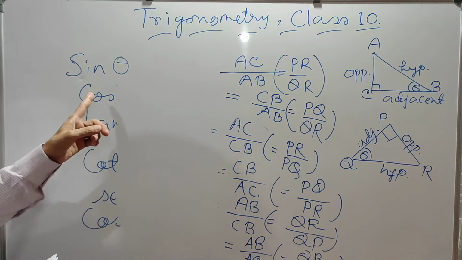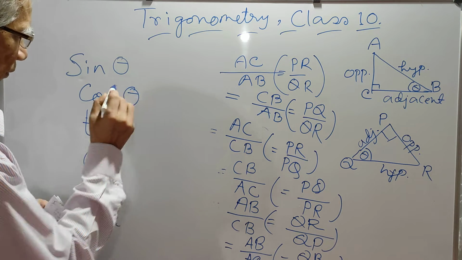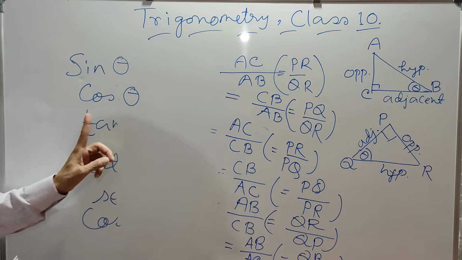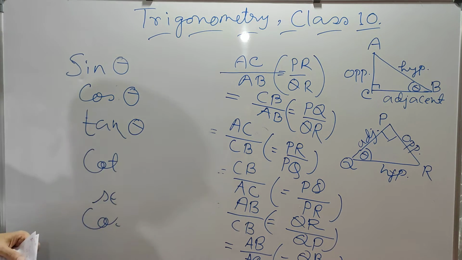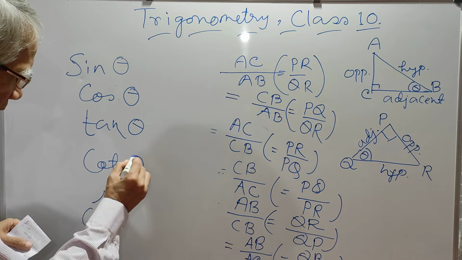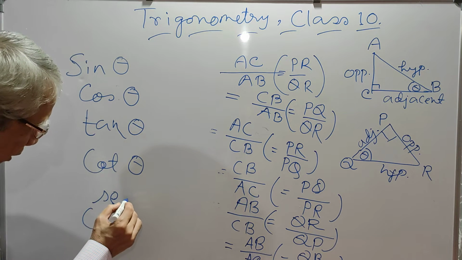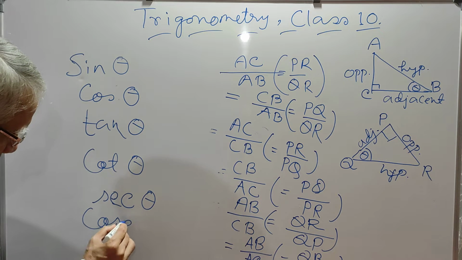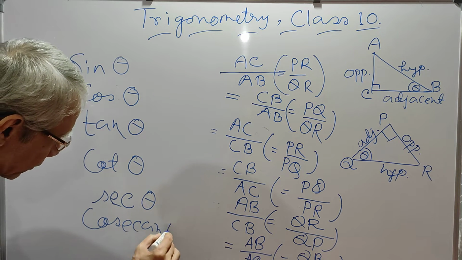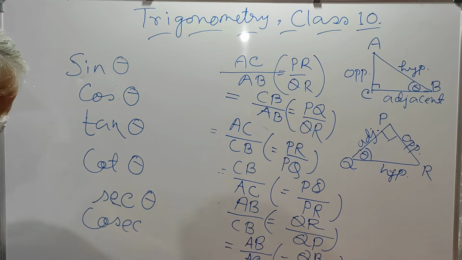Similarly, cosine of angle theta has been shortened to cos theta, tangent to tan theta, cotangent to cot theta, secant to sec theta, and cosecant to cosec theta.